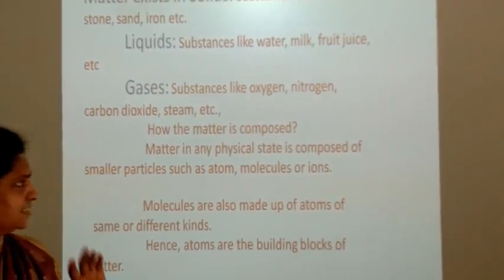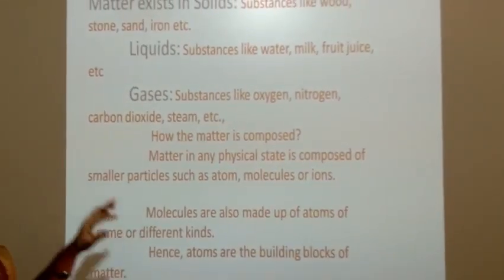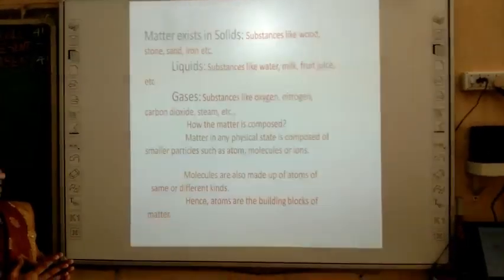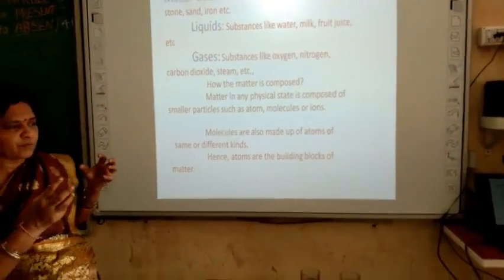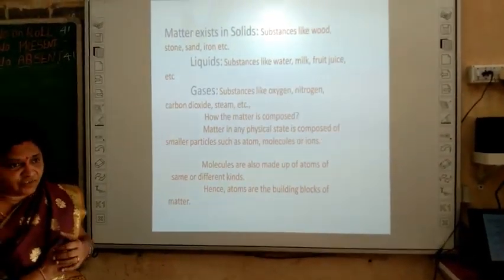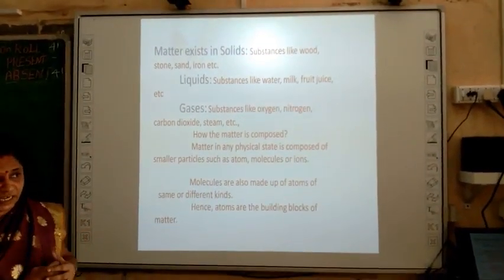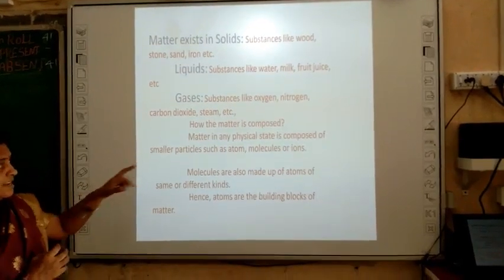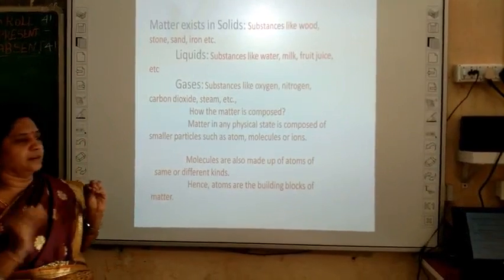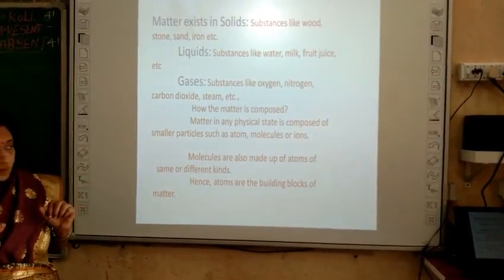These are gases. How is matter composed? What does composed mean? Composed means compacted together: molecules, atoms, ions. Already we learned this in the 6th standard, 7th standard. But matter in any physical state is composed of smaller particles.